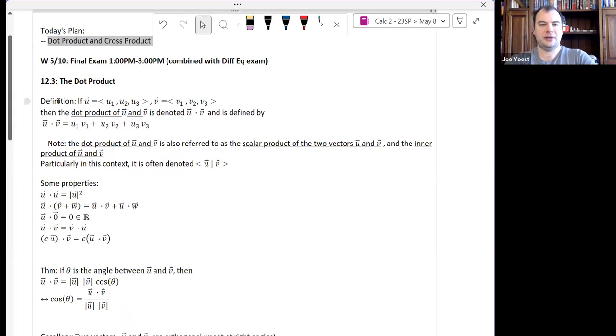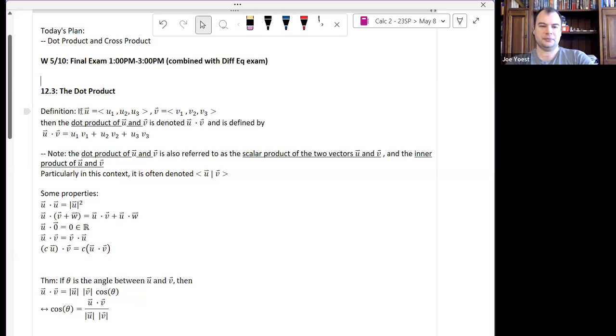Okay, so the definition of the dot product. If the vector u has components u1, u2, u3, we'll deal with 3-dimensional vectors here. For the dot product, we could also be talking about 2-dimensional vectors or 10-dimensional vectors. It doesn't much matter for the dot product, though it does matter for the cross product.